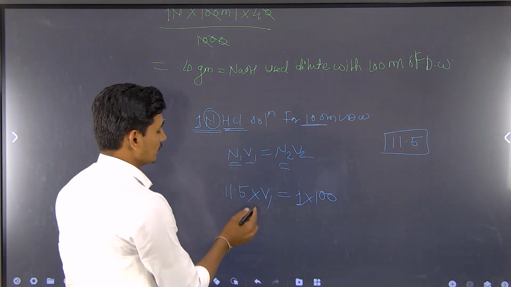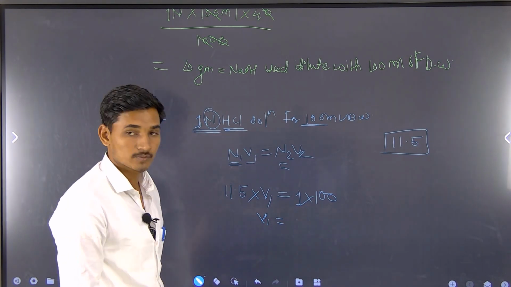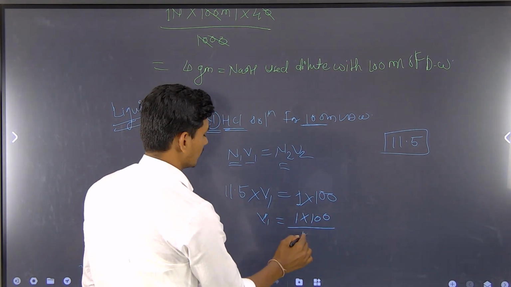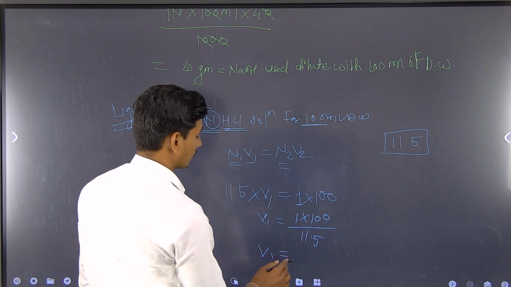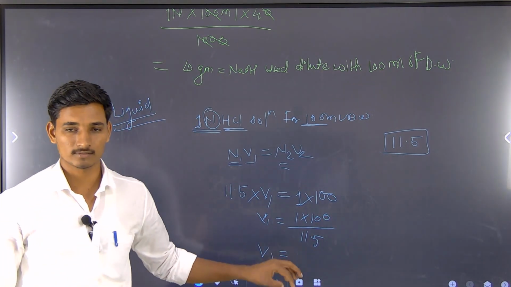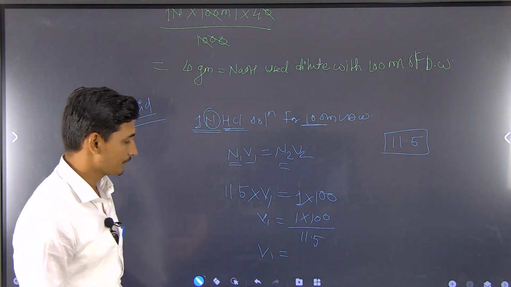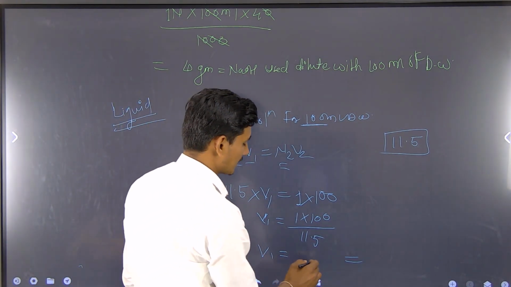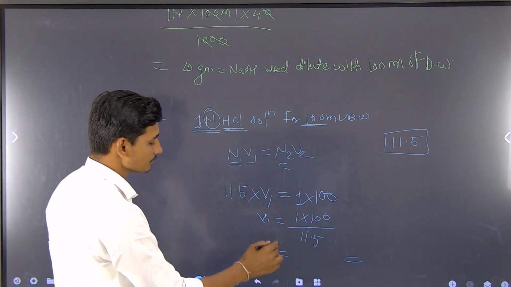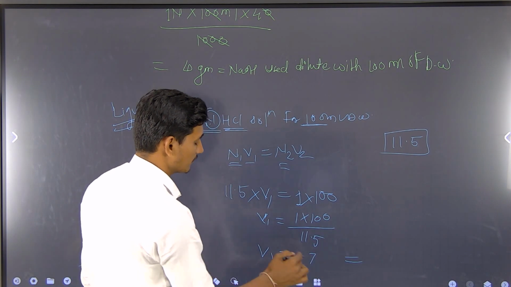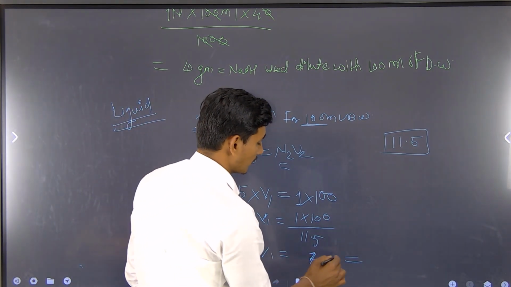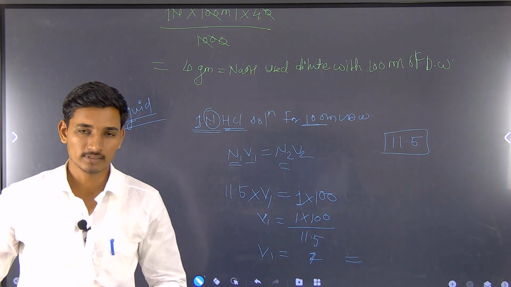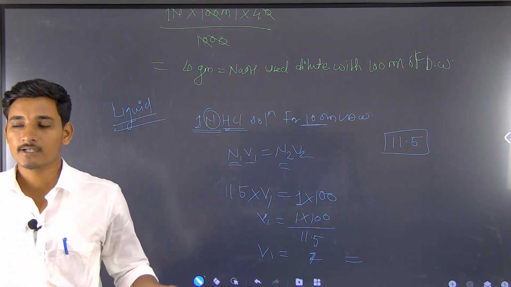It is a very simple calculation to find V1: it equals 1 into 100 divided by 11.5. Further calculation gives an answer near about 7, so we take 7 ml and dilute it into 100 ml of distilled water. This is the preparation of one normal HCl solution, related to liquid solutions.